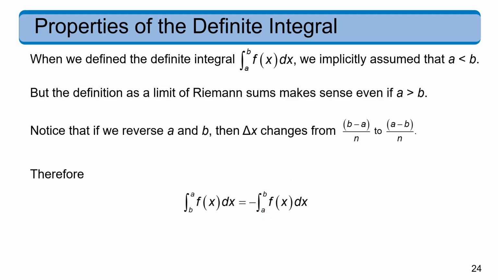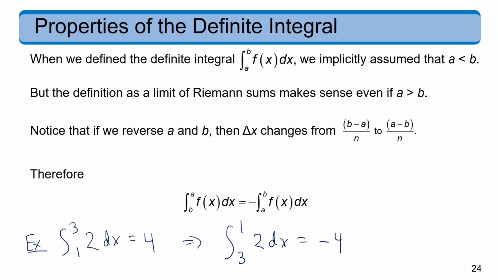Okay, so just a quick example. We found in an earlier example that the integral from 1 to 3 of the function 2 dx is equal to 4. So now we know that if we change the order of integration and went from 3 to 1 of the same function, we would get negative 4.